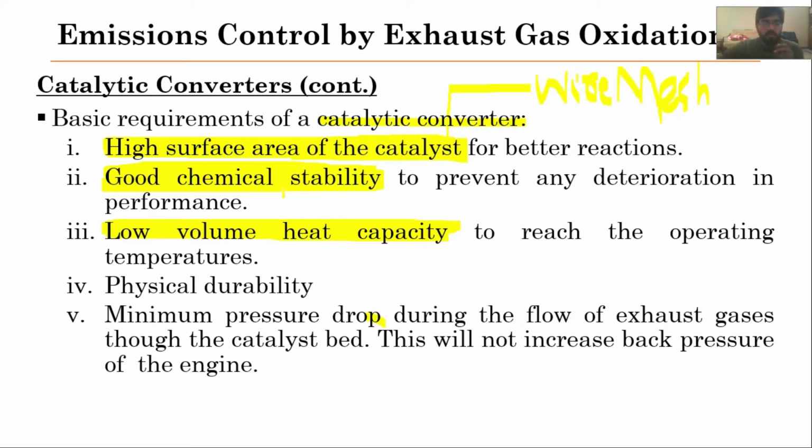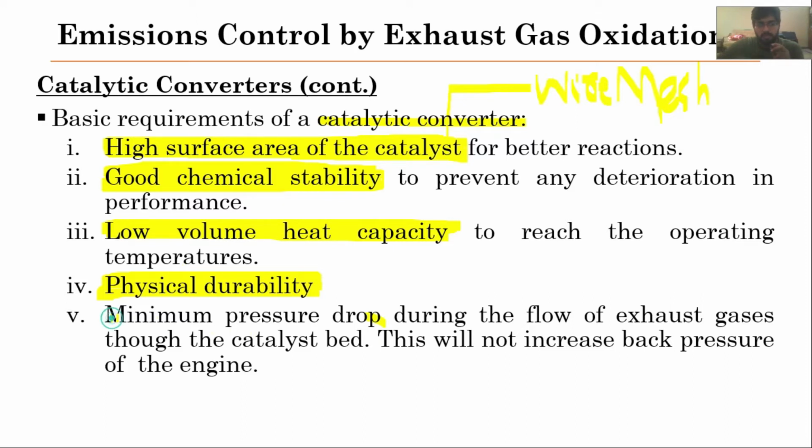And not only should it be chemically stable, it should be physically durable as well. Meaning there should not be any physical changes in the catalyst. It should not break easily, and it should not corrode easily, which is an example of its chemical stability.